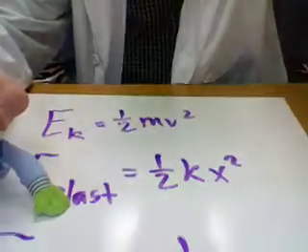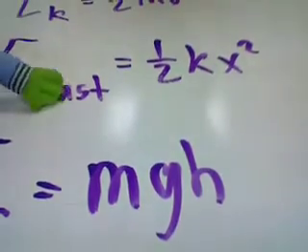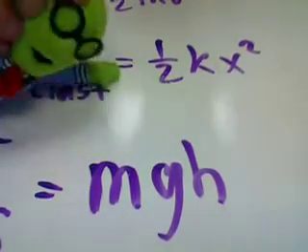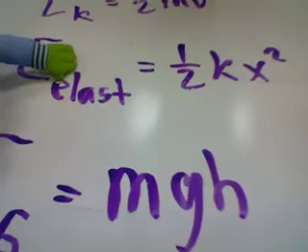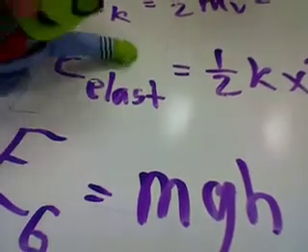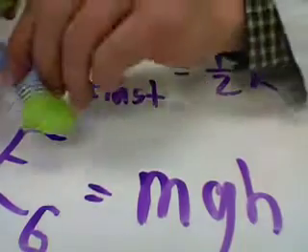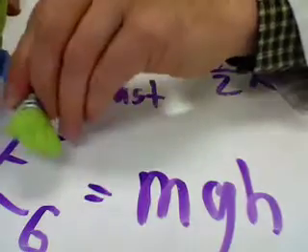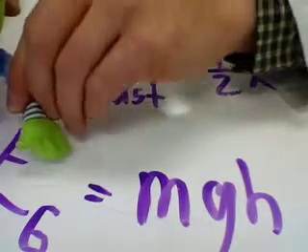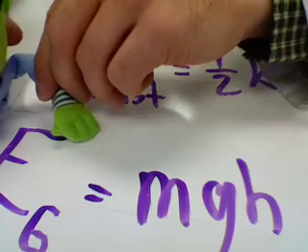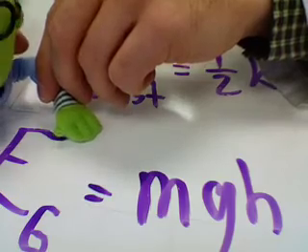Now down here, can you see that? Okay, down here we've got gravitational potential energy. So that's potential energy because something has been lifted up in a gravitational field.